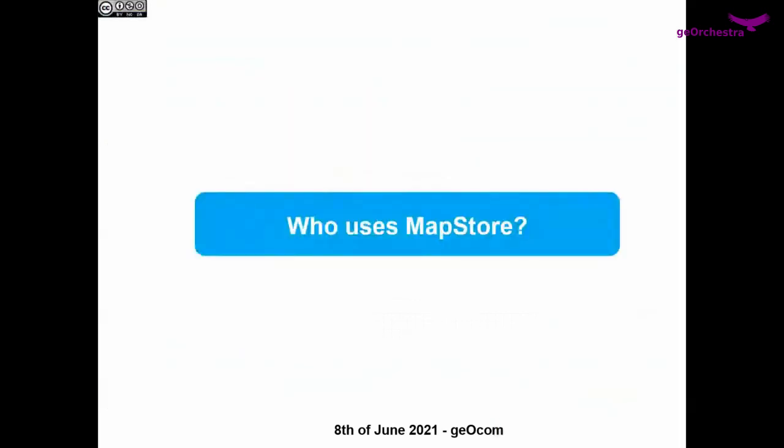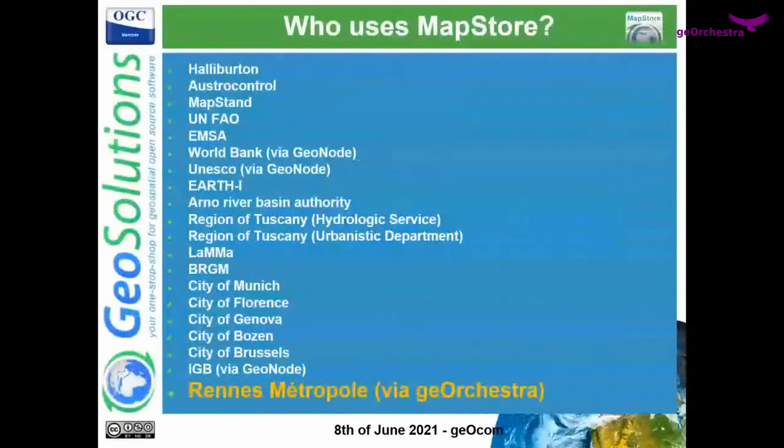Who uses MapStore? Basically, a lot of organizations. There are a lot of clients around the world that we are working with or supporting for different application use cases and scenarios involving MapStore. Some of them are small or medium companies and public administrations, for example also here in Italy, while others are big companies or organizations.